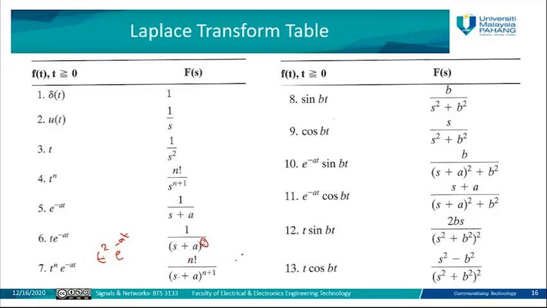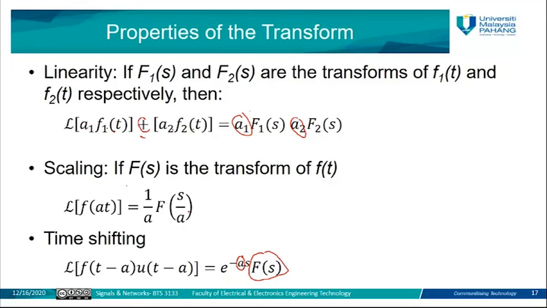It becomes 2 over (s plus a), n is equal to 2, so 2 plus 1. So it is 2 over (s plus a) cubed, because 2 plus 1 becomes 3. That means you can benefit from this calculation, in addition to the linearity property of the Laplace transform, for further calculation. Later on we have some examples about this.